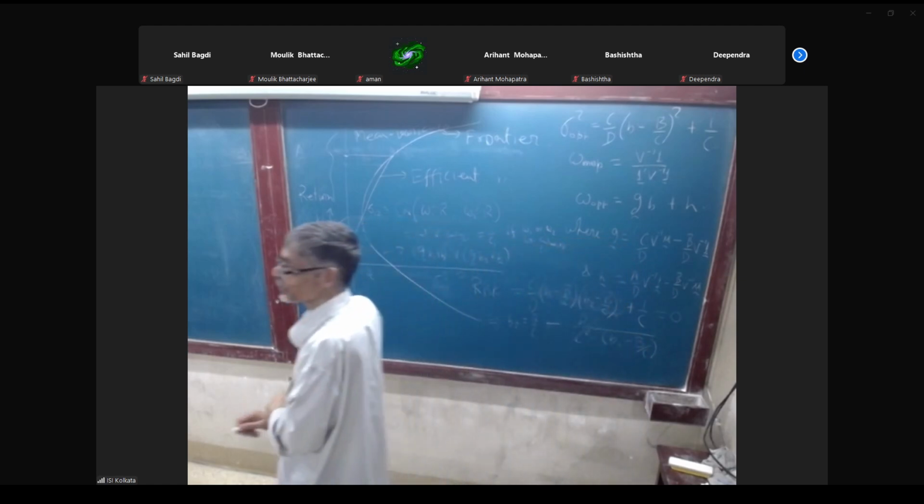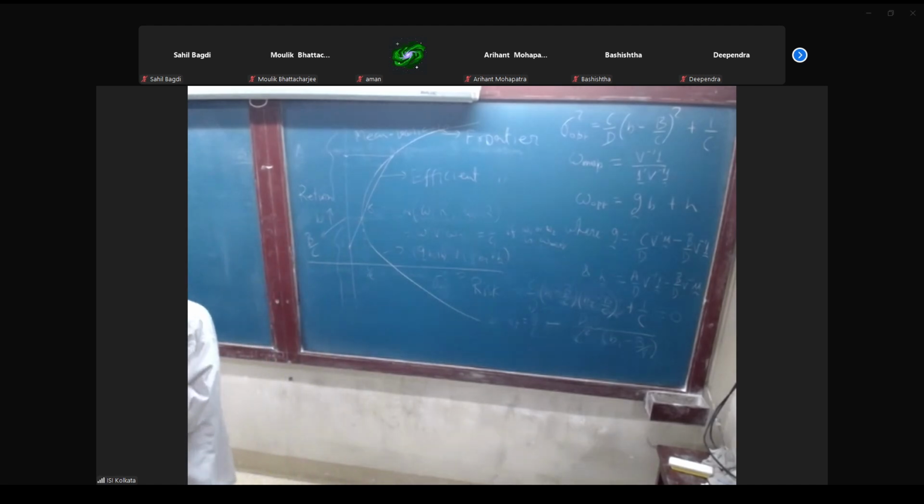Let's try to show that. This is called a secant line. So basically he just drew the graph between B1 and B2. It is not an unrestricted graph, it's a restricted zone.